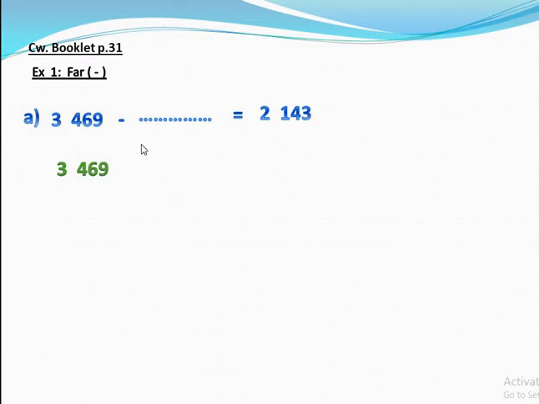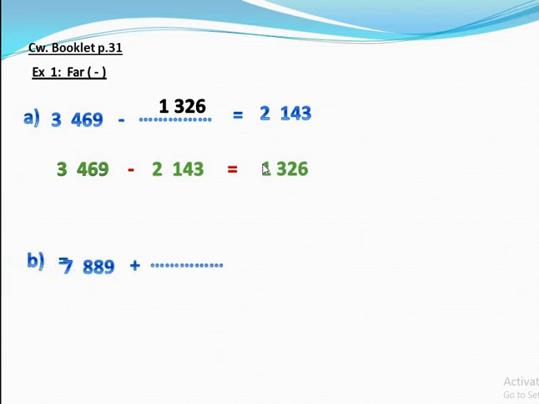The two numbers here have a space, so we call them far numbers. So if we have far numbers, we are going to subtract, the big number minus the small number. So 3469 minus 2143 will be 1326. So the missing number here is 1326.